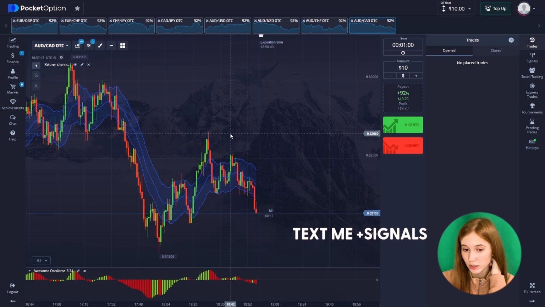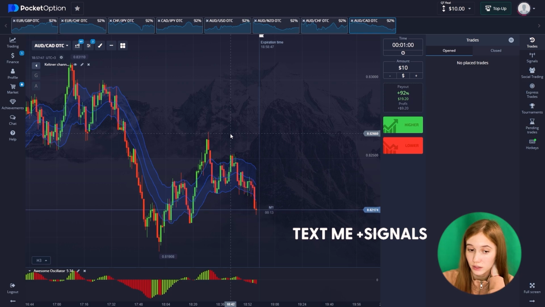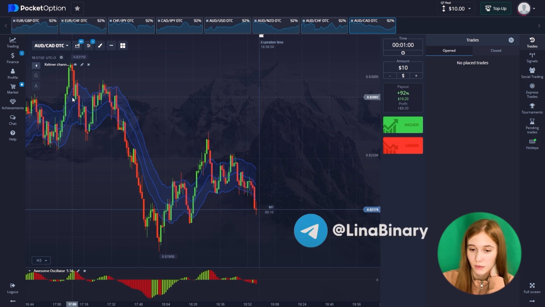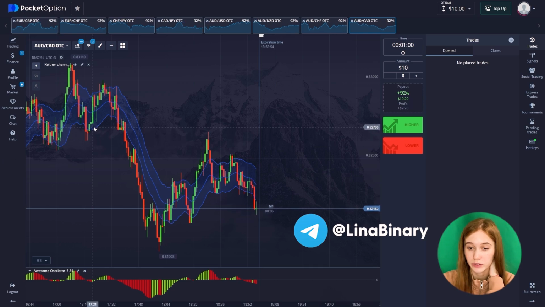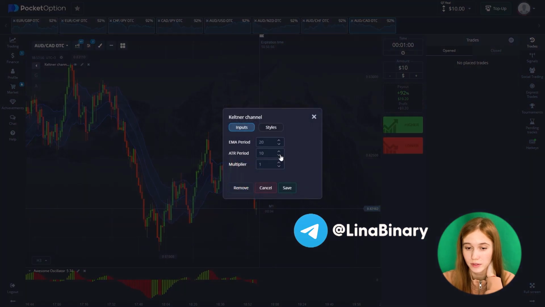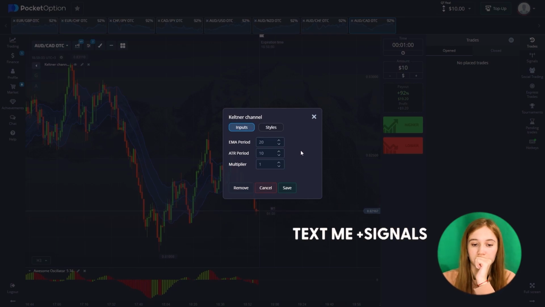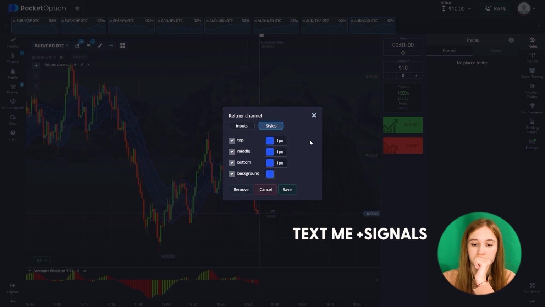For general technical analysis, we will use our indicators, our Keltner channel, these parameters. You can copy it and use it in your trading.